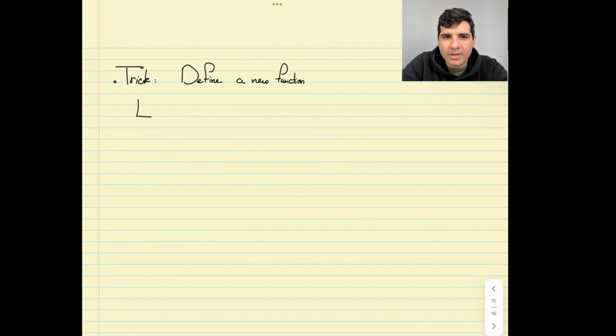We define a new function L defined on the product of M by itself minus the diagonal. I will define what the diagonal is. Let's denote the diagonal with delta, and L maps to RP^(n-1). So what is the diagonal?